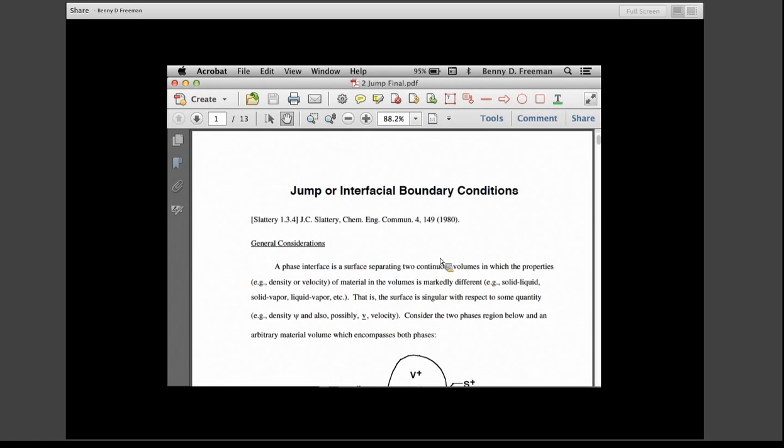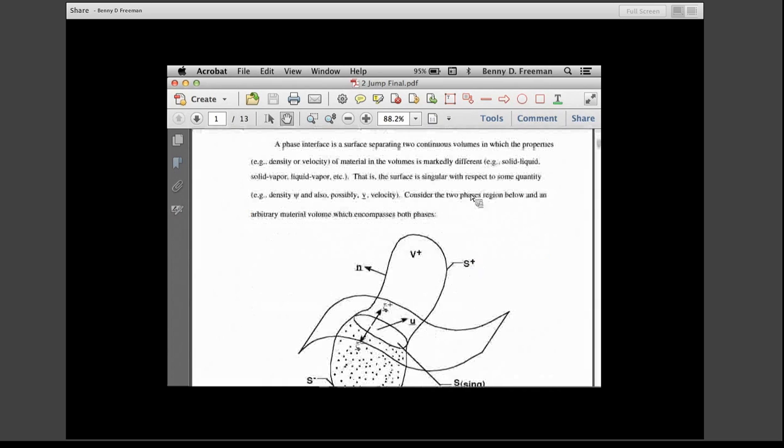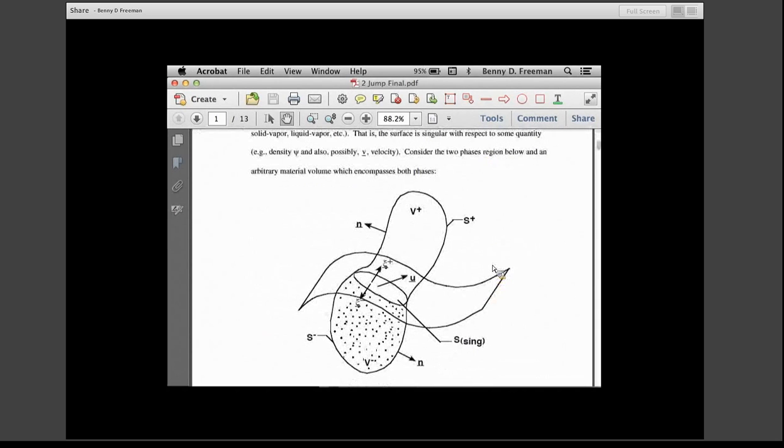And so again, you'll find the theory outlined in this paper by Slattery. And the basic picture is shown in this cartoon. So we will start again with a material volume. So the entire outside of this particular shape or device or object is a material volume.